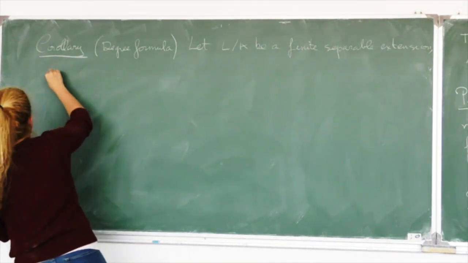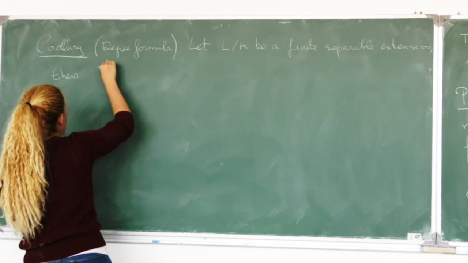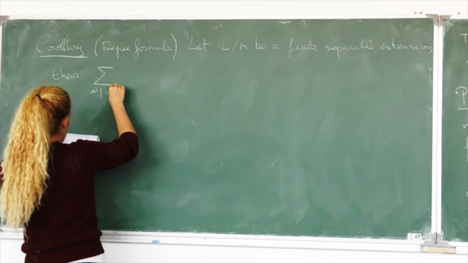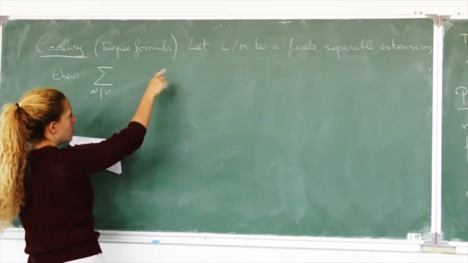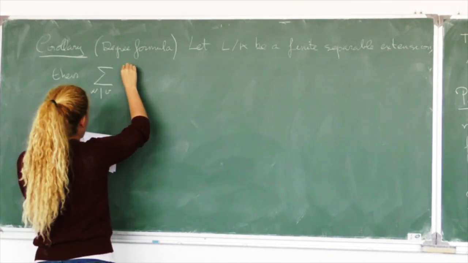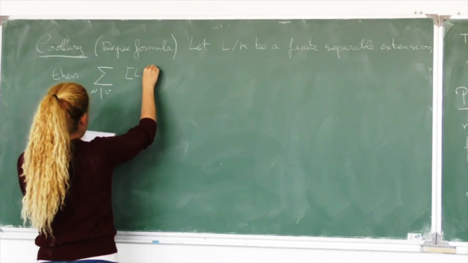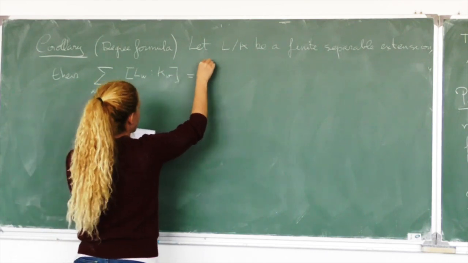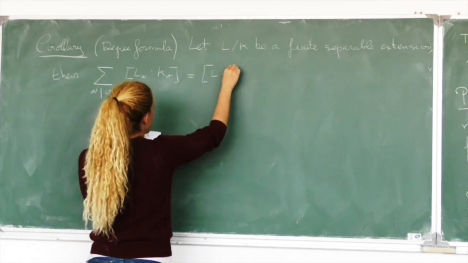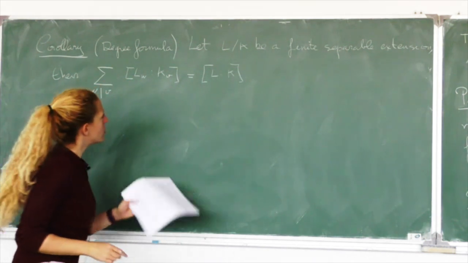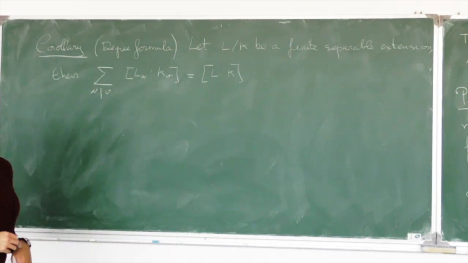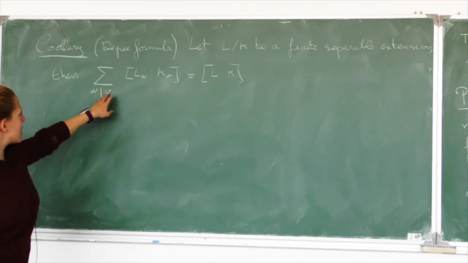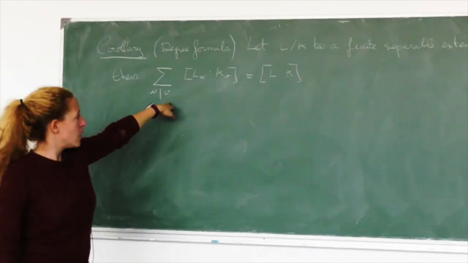Then the sum, when W divides V, so those are valuations of L and K, of this degree extension is equal to the degree extension of L over K. So basically, this means that I may fix the valuation V, right?